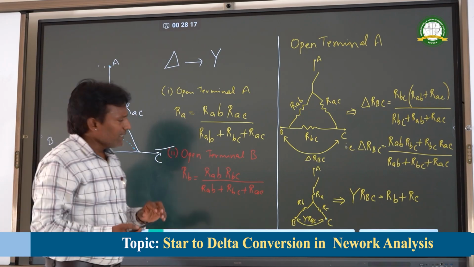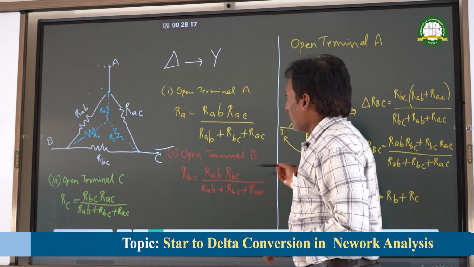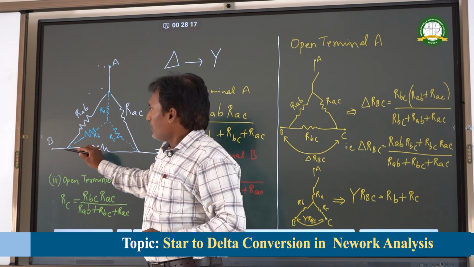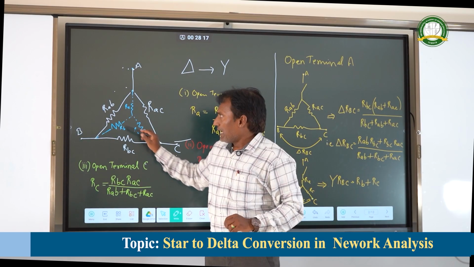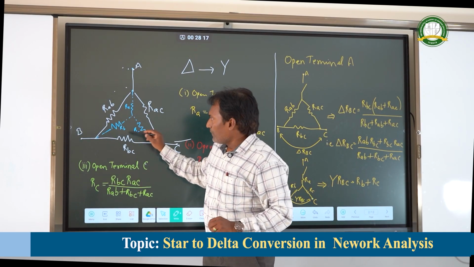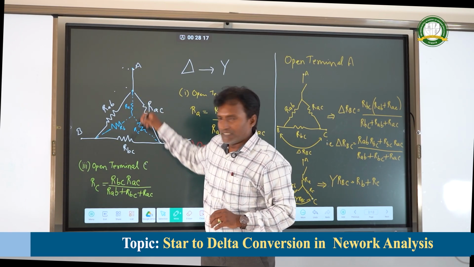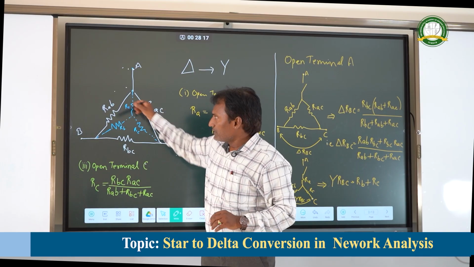Similarly, on opening terminal B, for both delta and star, we can find the effective resistance RB. As I said, to find the star RB, we multiply the opposite elements of delta.